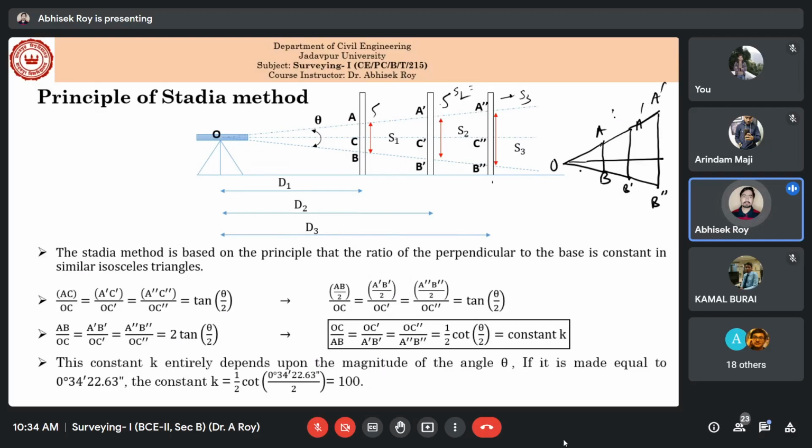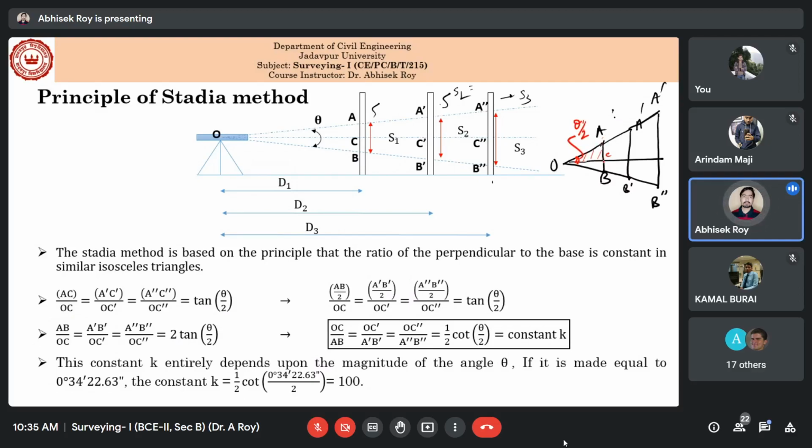Now for this triangle, this small part AOC, this smallest triangle, if you see the total angle is theta, then this small angle will be theta by 2, right?